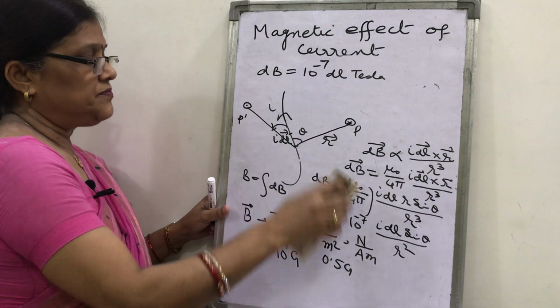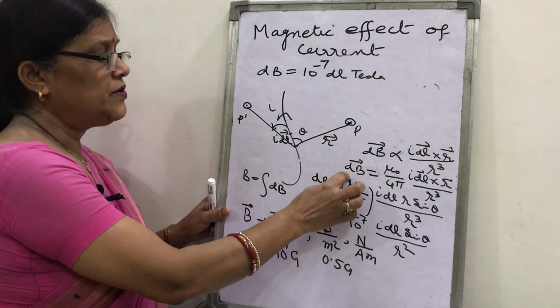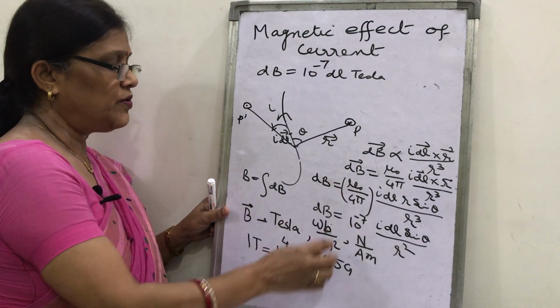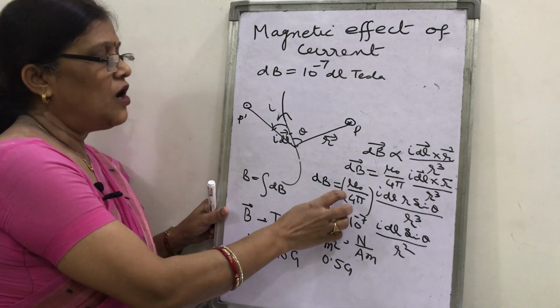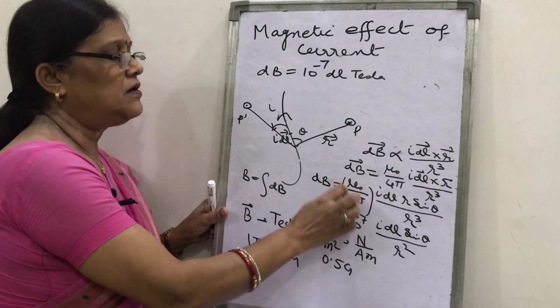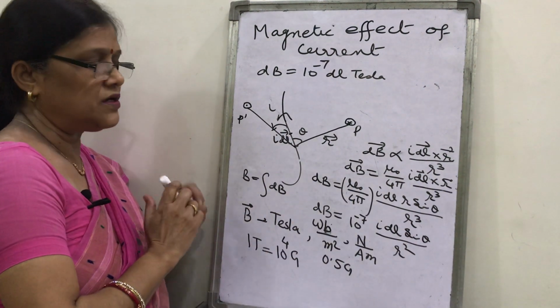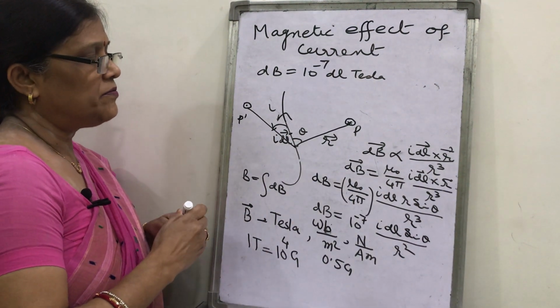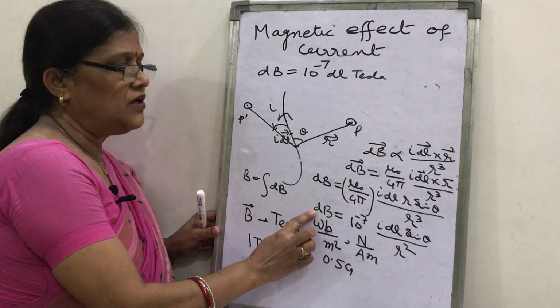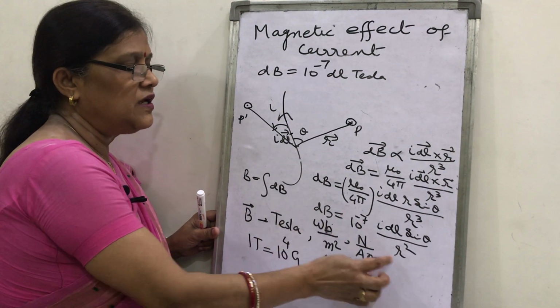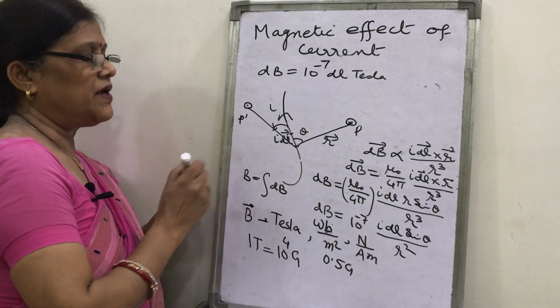What about the permeability of free space? This is mu naught upon 4 pi, and its value is 10 to the power minus 7. How will you find the unit of mu naught? You can find it by putting these values. In dB, what is the unit of B? Tesla. Look here, this Tesla into meter square, I am writing here.